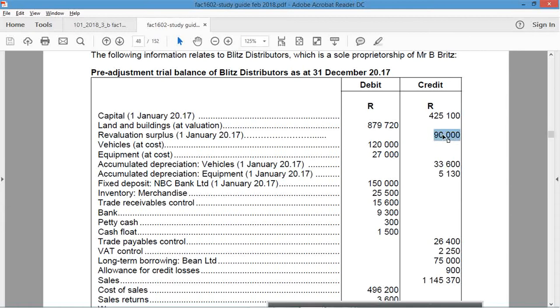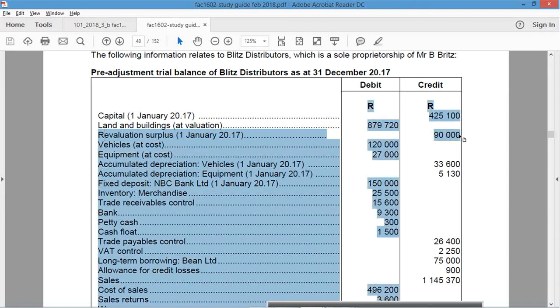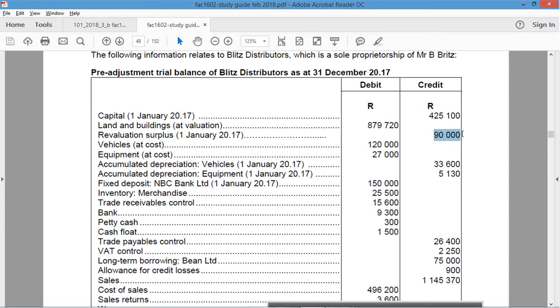Liability, but it's not. Income increases on the credit side. Drawings, no. Capital. Yes, it's a form of capital, but it's treated as what? Owner's equity. So you can't say it's capital, it's a form of capital. It's more the owner's equity because it relates to an asset that was revalued.